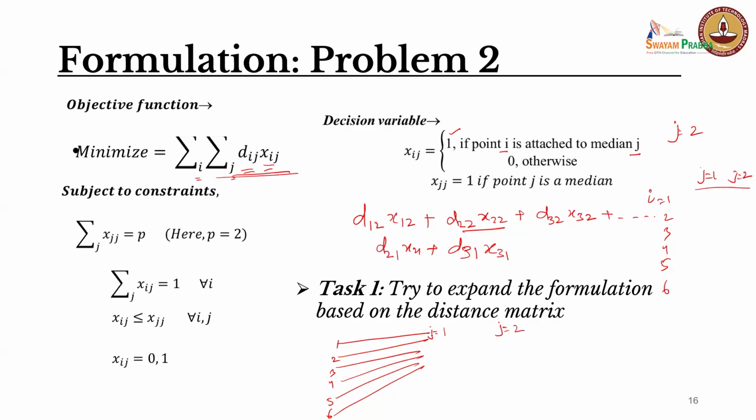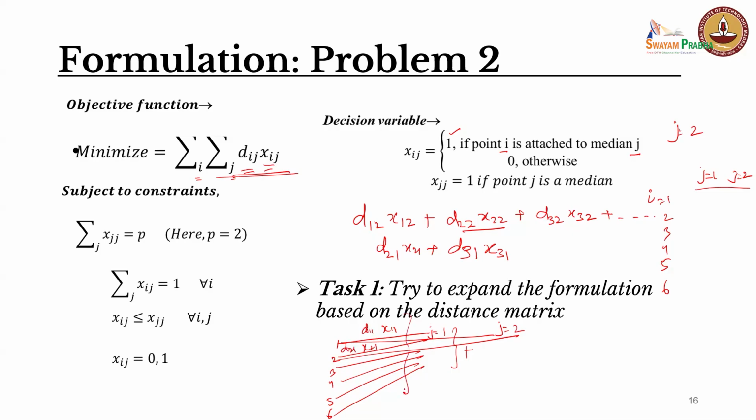What if j equal to 2 is the facility to be connected? Plus all facilities with j2. So this is x11, then i equal to 2, j equal to 1, x21, multiplied by their distance.